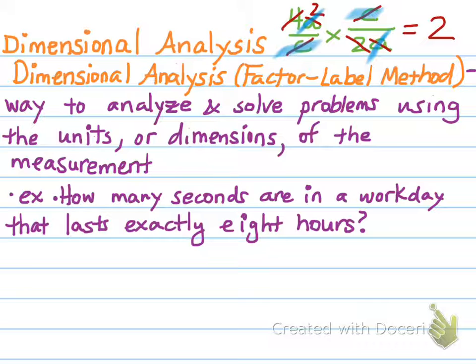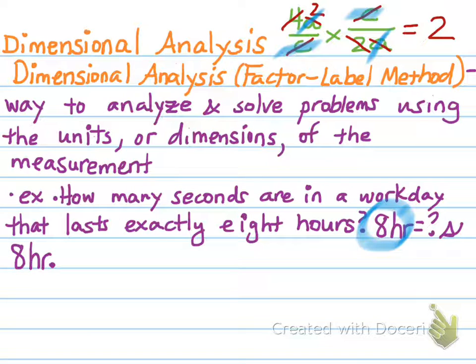So one of the things that I always like to do is summarize this, because I don't really like story problems, and probably most of you don't either. And this problem is asking me, 8 hours is how many seconds? So in these problems, I'm always going to start with my given. So my given is 8 hours.